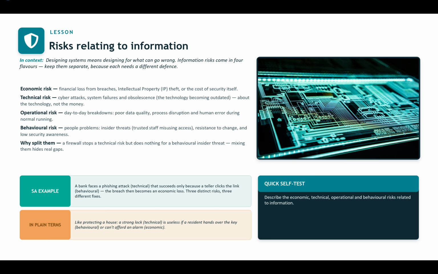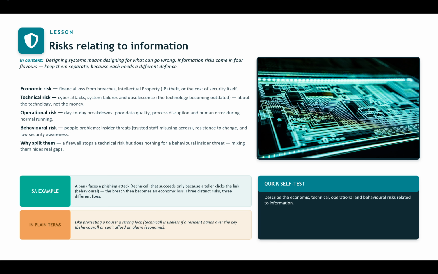So mixing them, meaning mixing any type of these particular threats, would actually end up hiding the real gaps and leaving us very vulnerable. An example we can have is a bank that faces a phishing attack, which is technical, that then succeeds only because a teller clicks the links, which is behavioral, and then the breach becomes an economic loss.